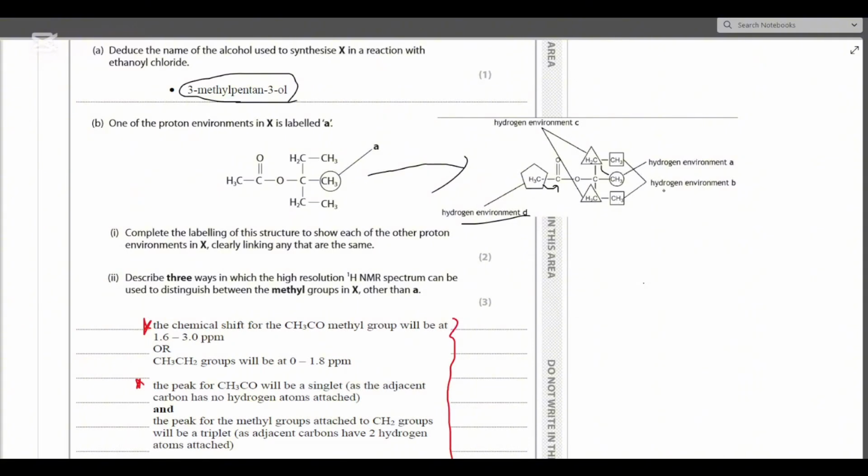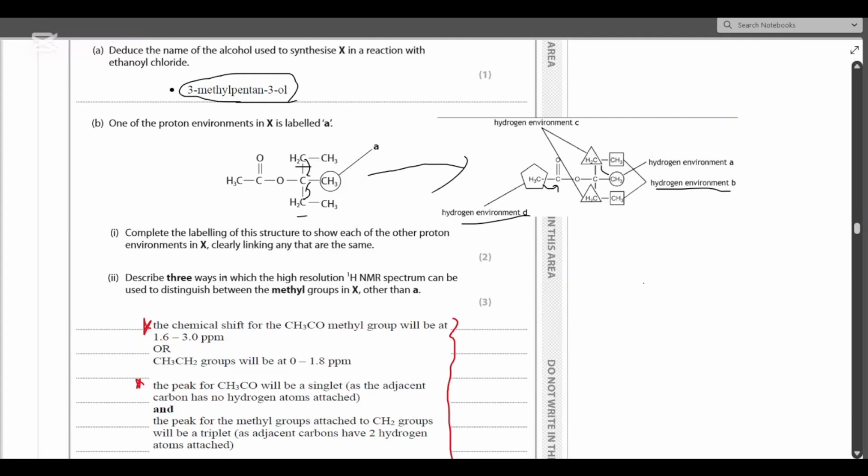So we can say both of them are in hydrogen environment B. If I talk about these two carbons right here, we can see the 4 protons are in the same environment as well, because both of them are connected to the same adjacent atoms. Eventually we get A, B, C, and D, 4 different environments to be exact.